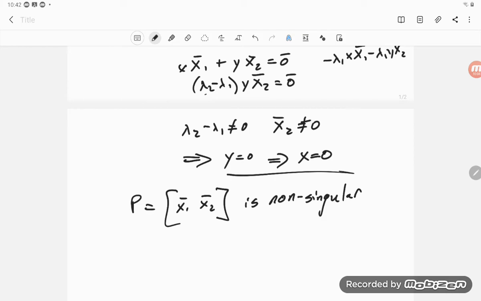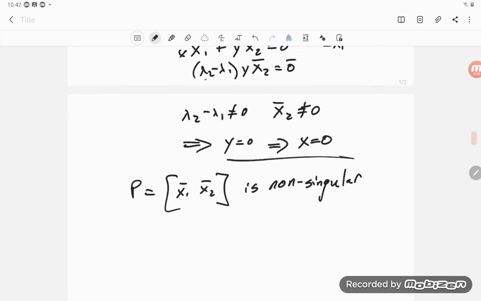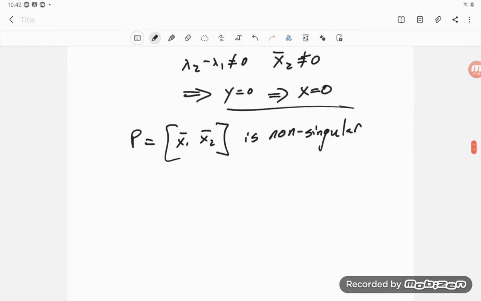Okay, and after that, not a big deal, because if we start with AP, then that's A times our vectors x1 and x2.